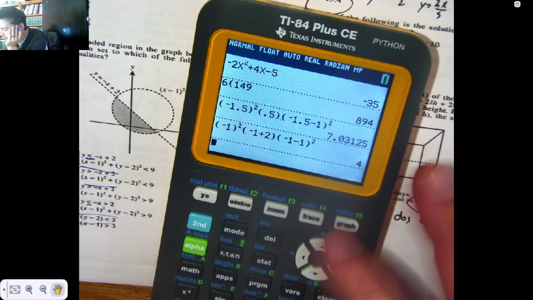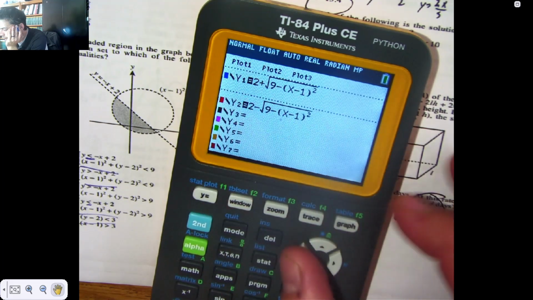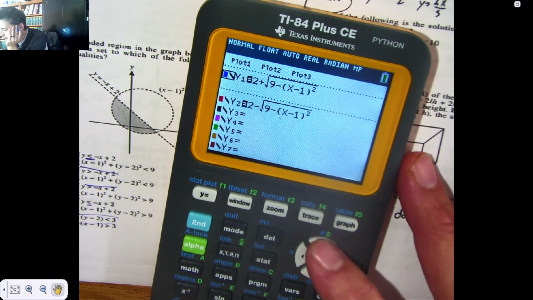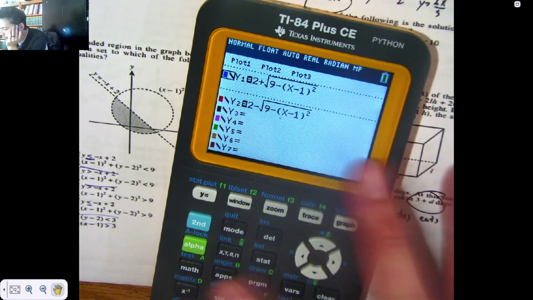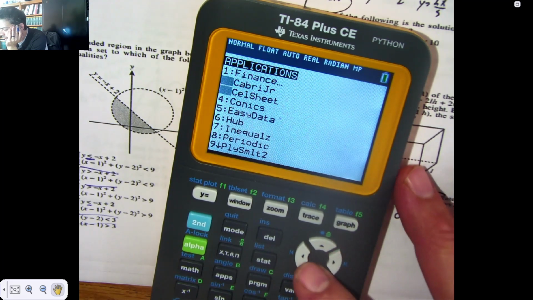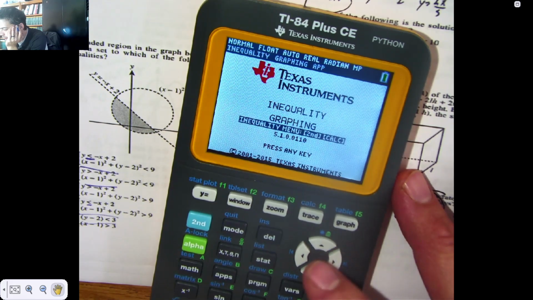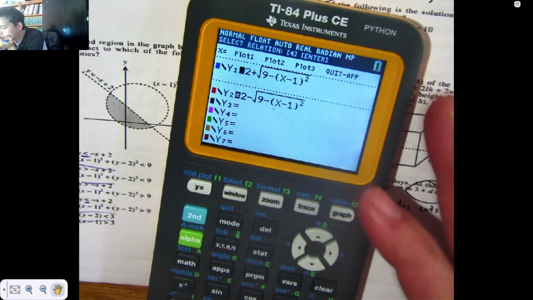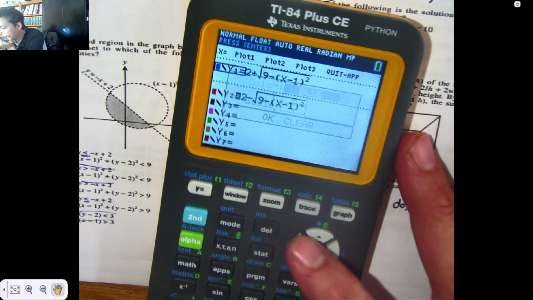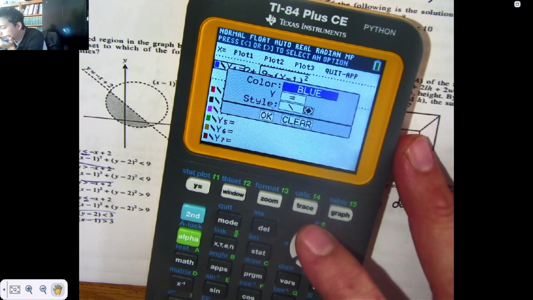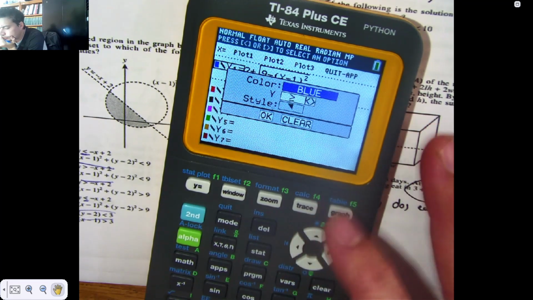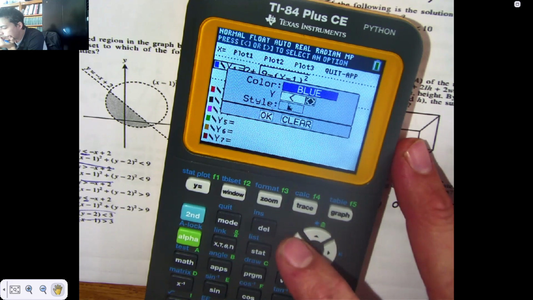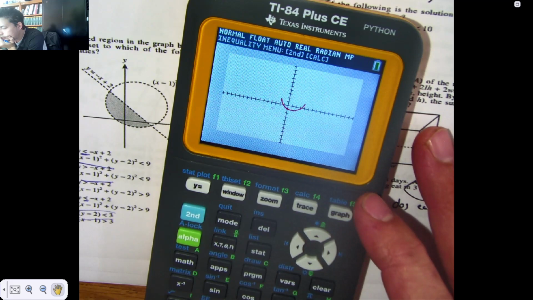There used to be a way, let's see, let's go to apps. Inequalities. All right. I want to be greater than 9. It'll be a less than symbol.